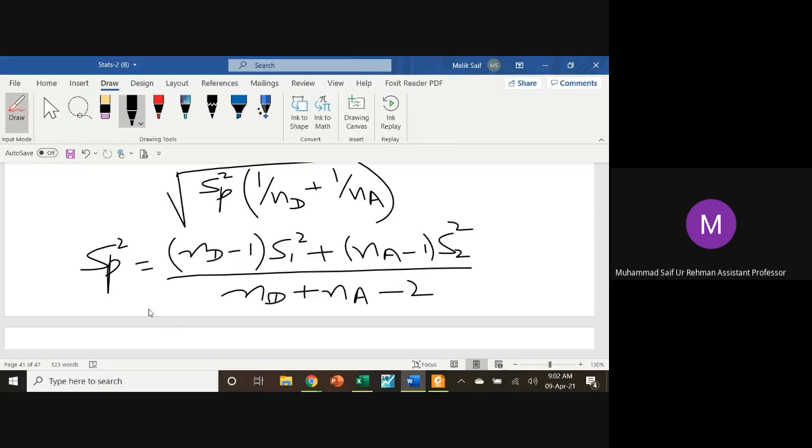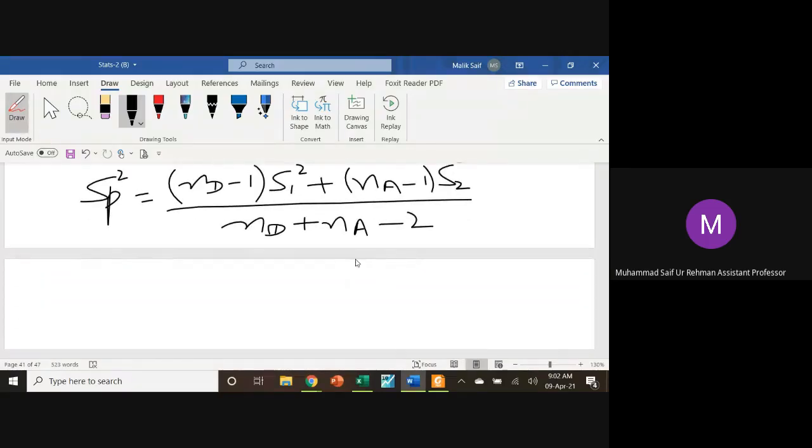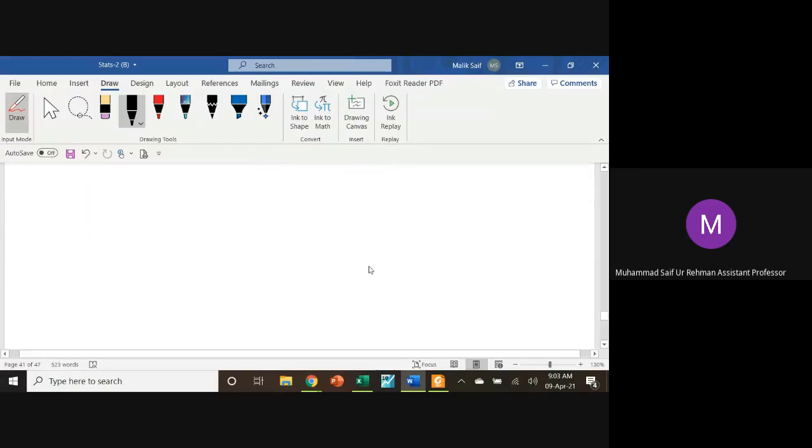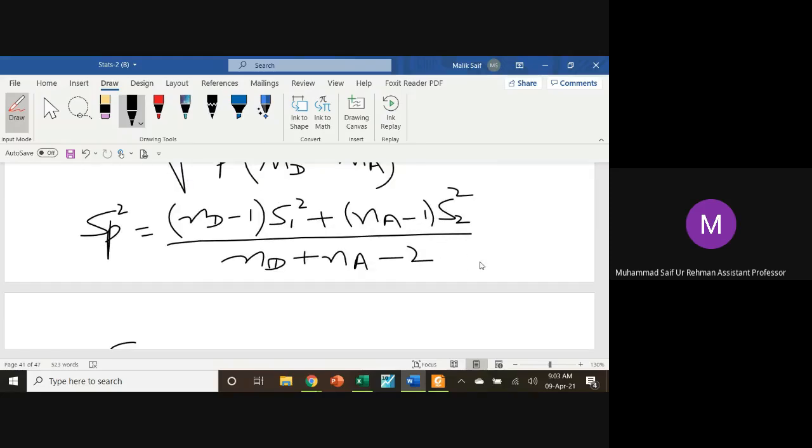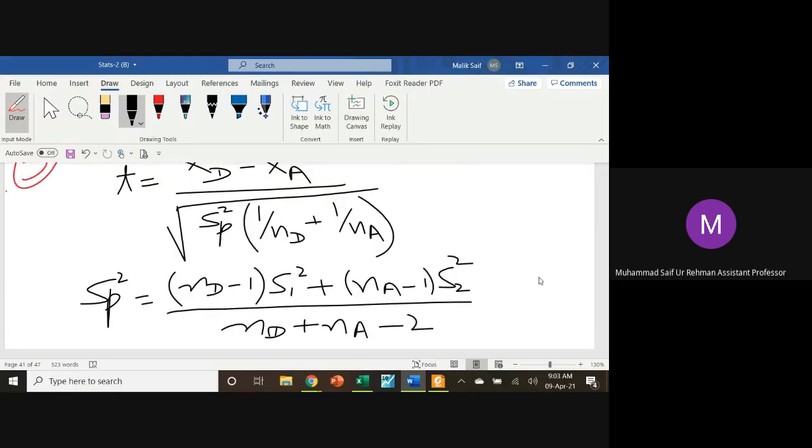Now you may see that to find out SP square, we have to find out S1 square and S2 square. So you will recall the formula for S1 square and S2 square. You are familiar and you have used this formula several times. Instead of writing S1 square, you may write down SD square, so that the idea is further clear. So write it down as SD square and SA square.